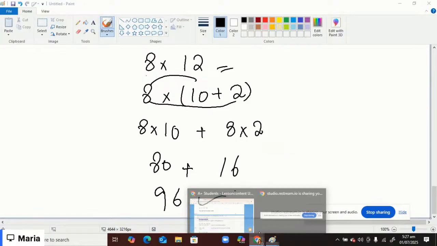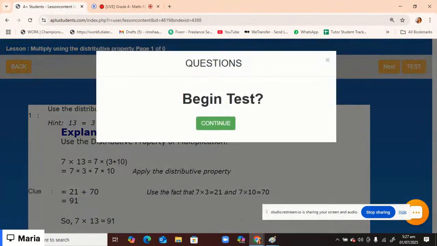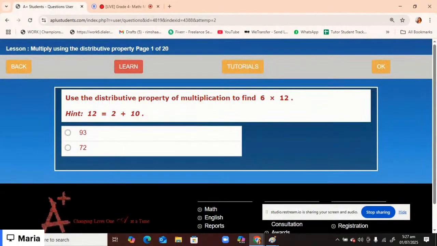Now let's discuss the test questions, okay? Use the distributive property of multiplication to find 6 times 12. Let's do it.